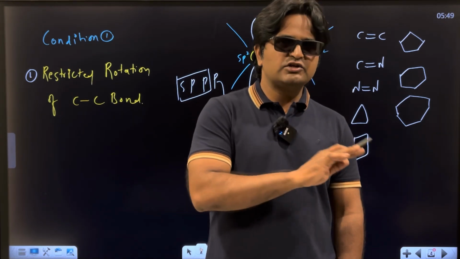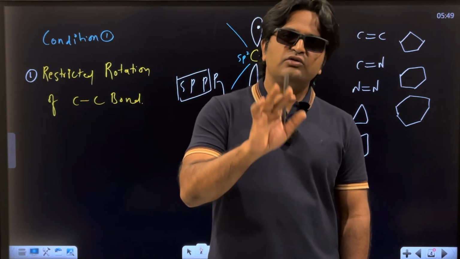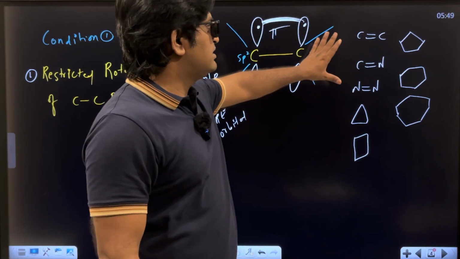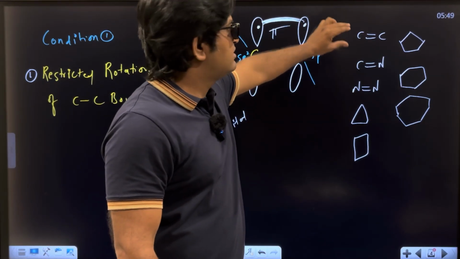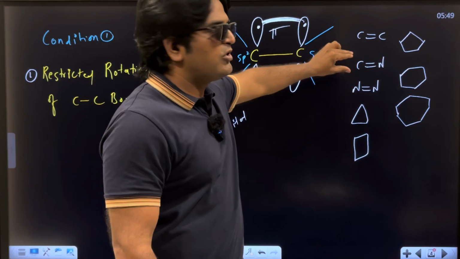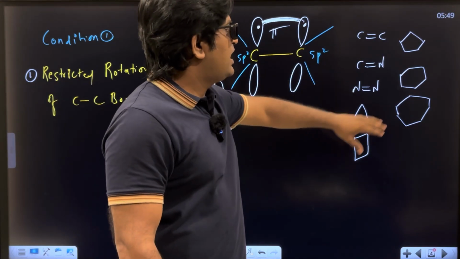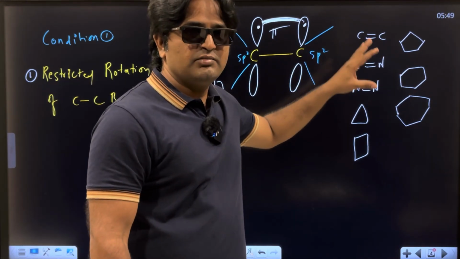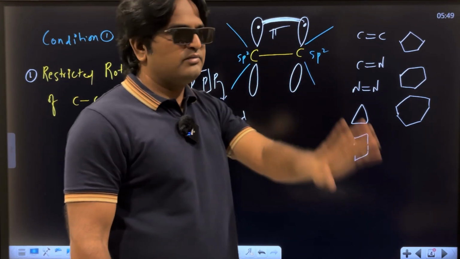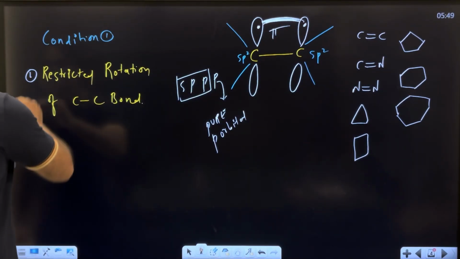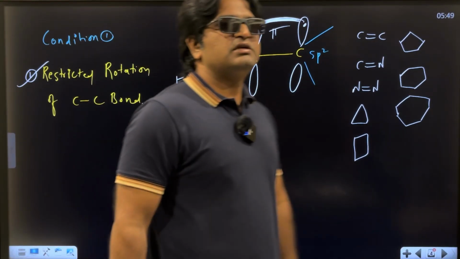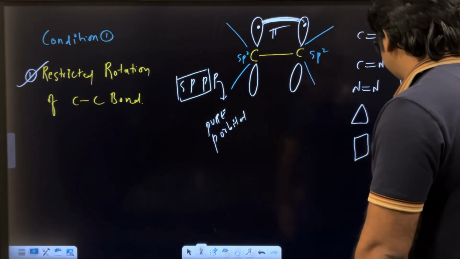That also I will show with the molecular model. So these are the examples: multiple bonded systems like C double bond C, C double bond N, N double bond N, and cyclic compounds. Their C-C bond rotations are restricted. Clear? So once again, coming back to the same point, what is the first condition? Restricted rotation of C-C bond.